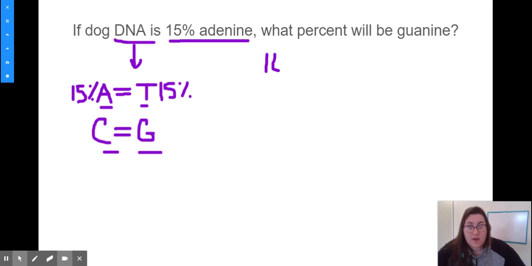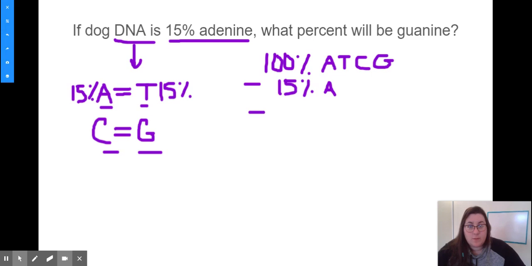So I can start off with 100% of my DNA being made up of A's, T's, C's, and G's. Since I know the values of my A's and T's, I can subtract that from my 100. So I'm going to do 100% minus 15% A, and then minus 15% T.